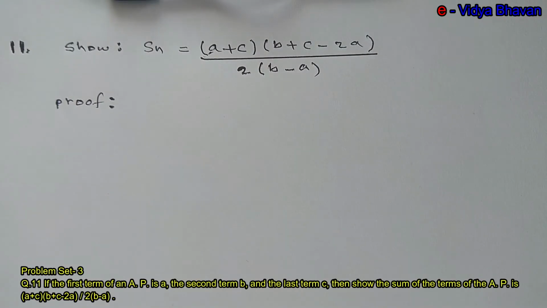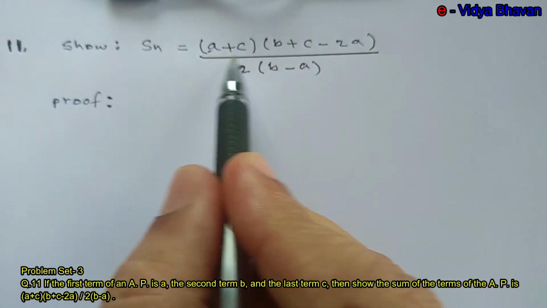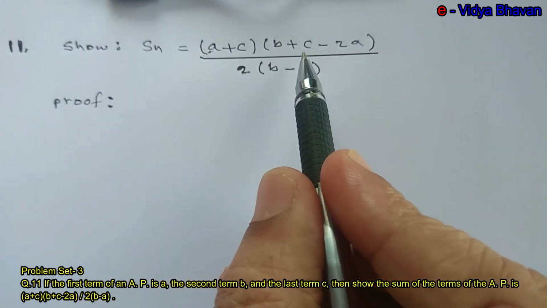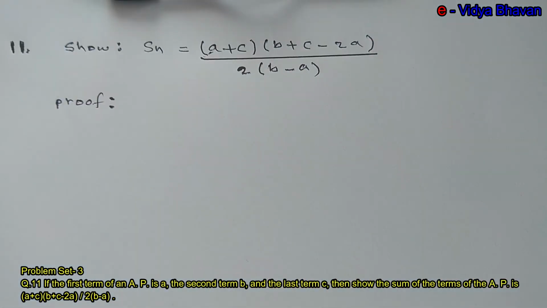Question number 11. If the first term of an AP is A, the second term is B, and the last term is C, then show that the sum of the terms of an AP, that is Sn, is equal to A plus C into B plus C minus 2A upon 2 times B minus A. So we would like to prove this sum. Now how to start it?